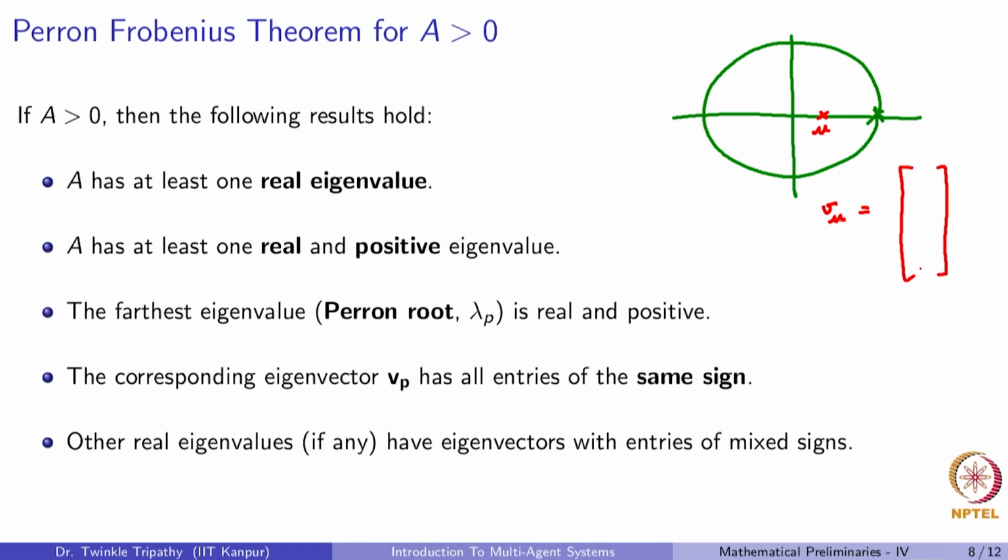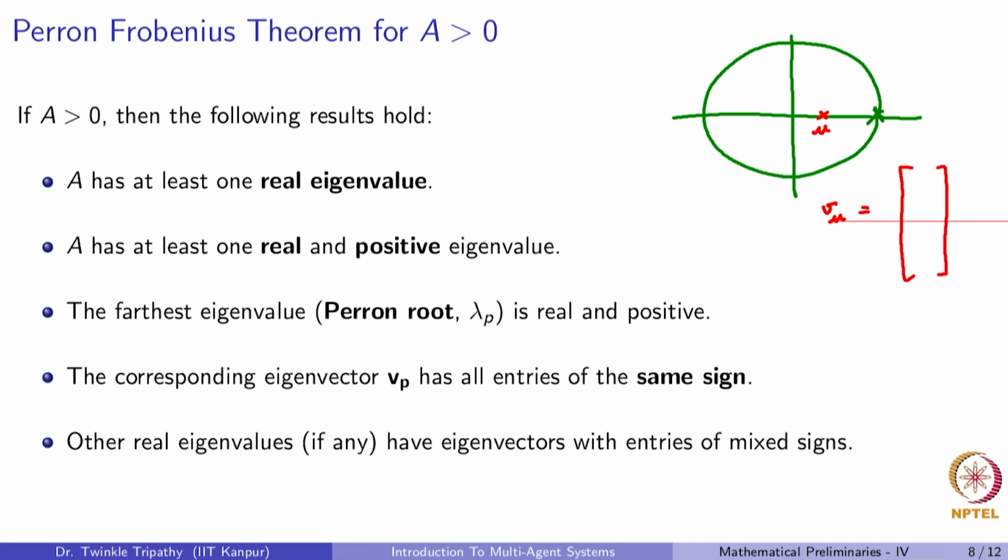So this is a very strong way to distinguish. If you only look at the eigenvectors, we can tell whether it is associated with an eigenvalue which is either dominant or not dominant. So these are some very unique properties which, without even calculating the characteristic polynomial, we can always be sure the matrix will satisfy.